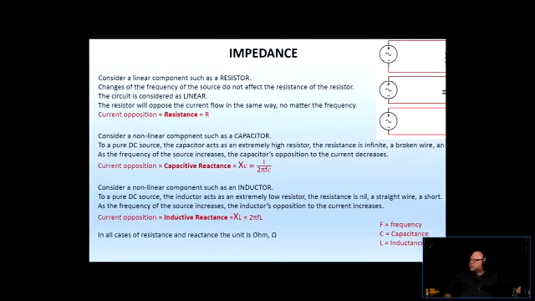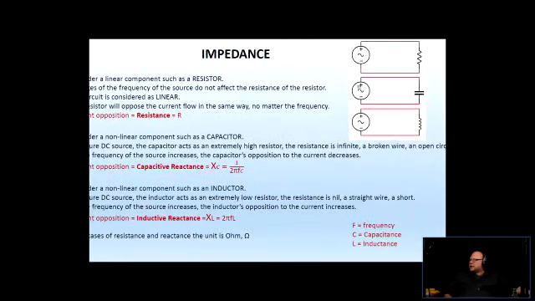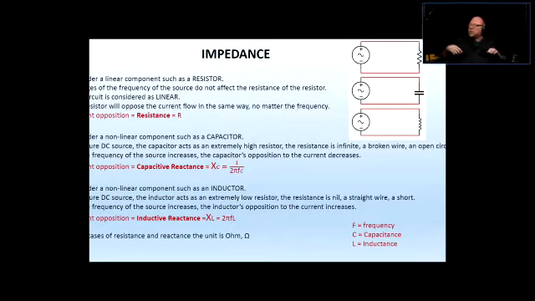Now, things begin to happen when you start alternating the current. If you alternate the current in the capacitor, applying it to the two plates of the capacitor, it's going to charge up one way and it's going to stop the current.